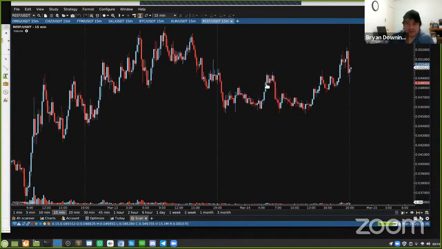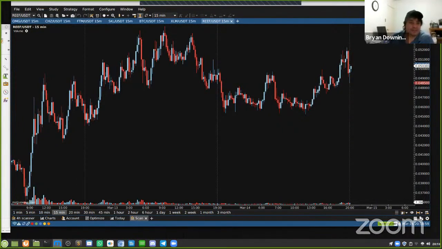So that's pretty close to a 10% move. But here's a good one. Earlier today, 12:45, what's the price there? 12:45, that would have been at 4.6 cents, all the way up to 5.2 cents. So that would have been just over 10% on a day when there's pressure in the market.